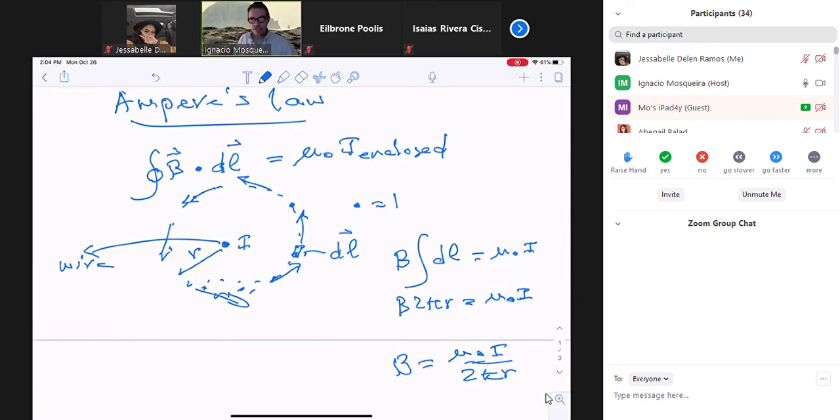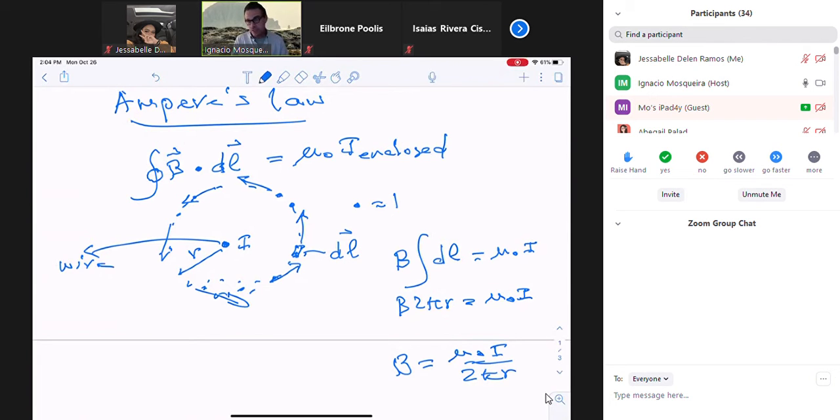The assumption here is that the wire is infinite. And that's pretty much it. Given that assumption, all the other things follow: the symmetry of the wire and everything else, so the B field cannot change whether you're here or here because it doesn't care which side you are. And since it's infinite, the B field points in the direction of dl.